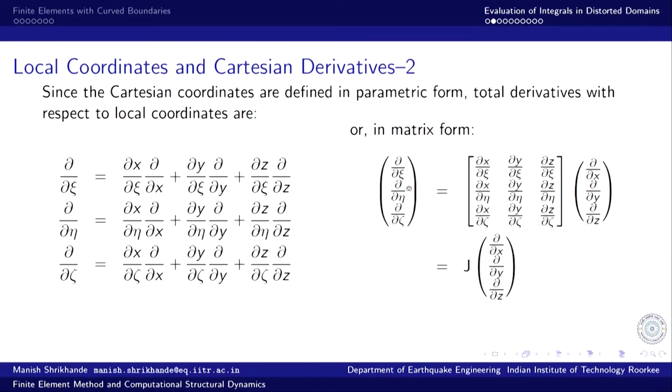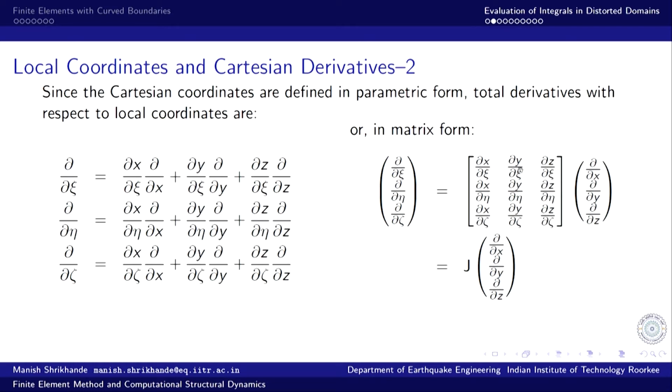So, in the matrix form, we have these derivatives with respect to local coordinates given as a product of this matrix, which can be calculated because we know x, y and z as functions of xi, eta and zeta. So, this matrix of partial derivatives can be computed, it can be evaluated at each point within the domain. And then these are the partial derivatives with respect to Cartesian coordinates.